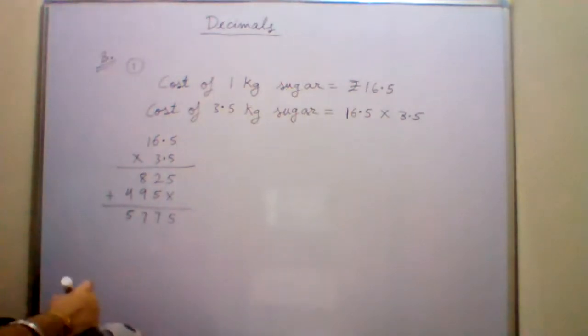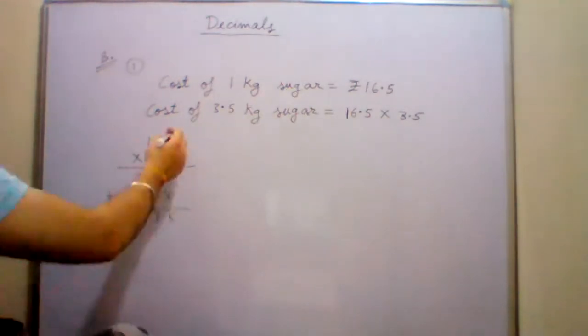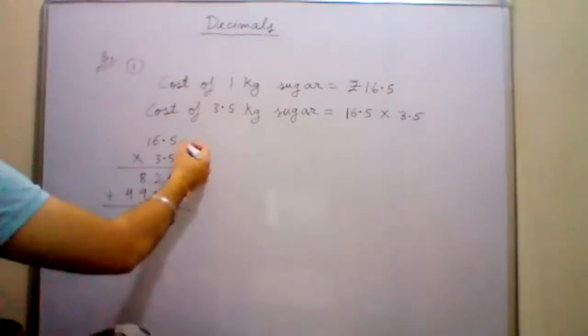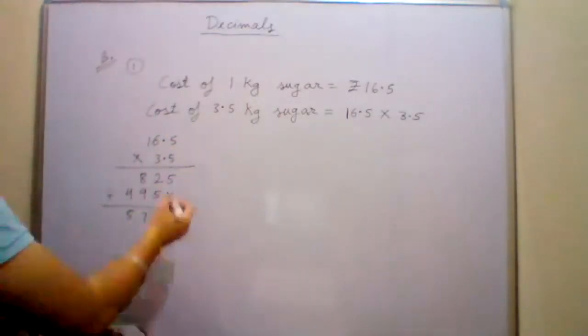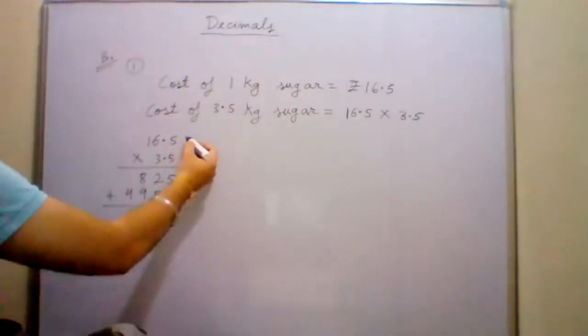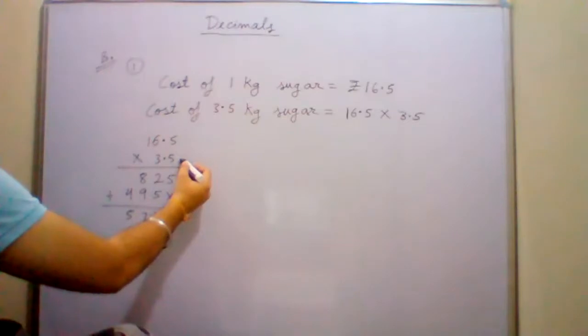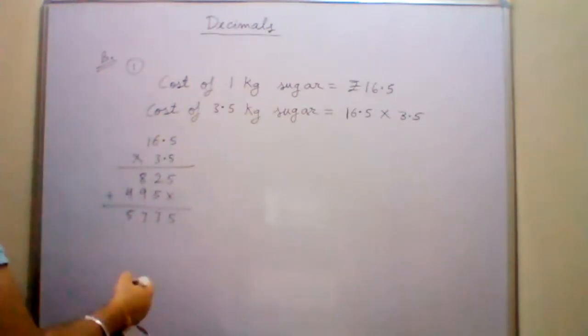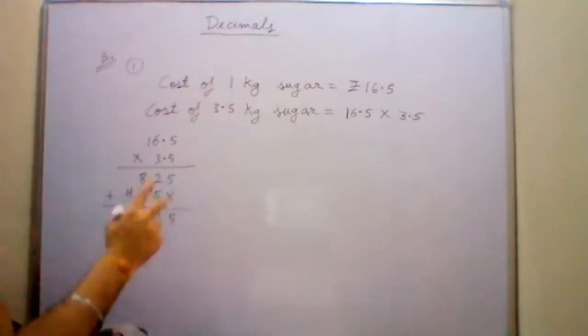Now the important part, all of you. These are decimal numbers, so count the number of decimal places in both the numbers. There is only one decimal place in the first number, and in the second number also there is only one decimal place. So total 1 plus 1, 2 decimal places.